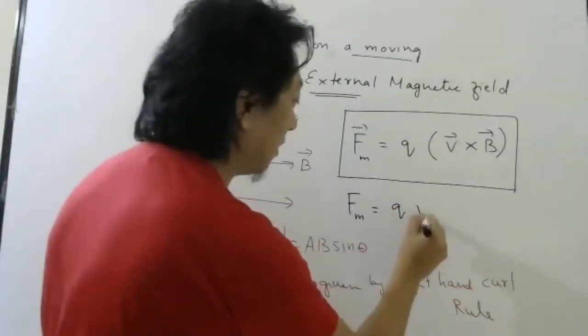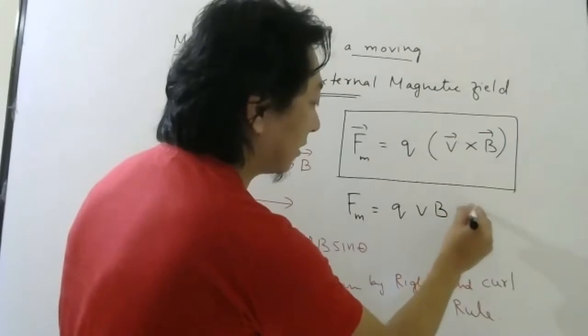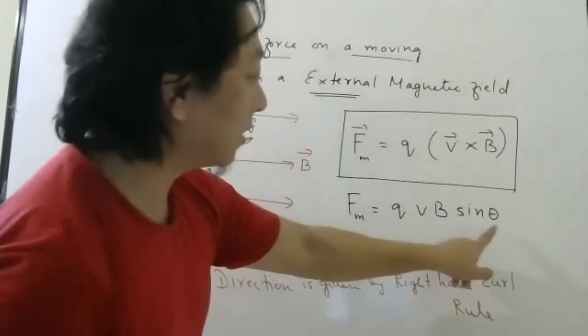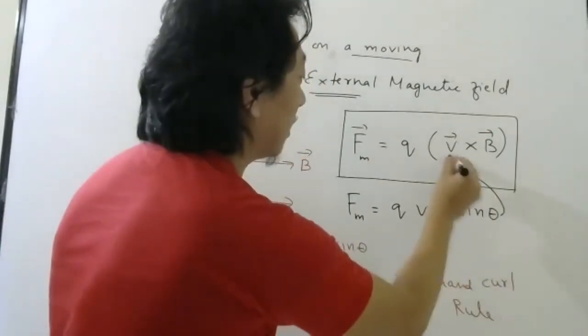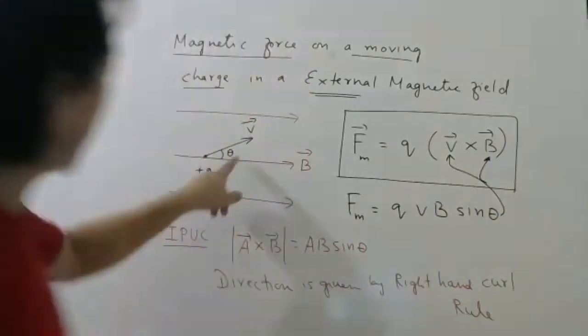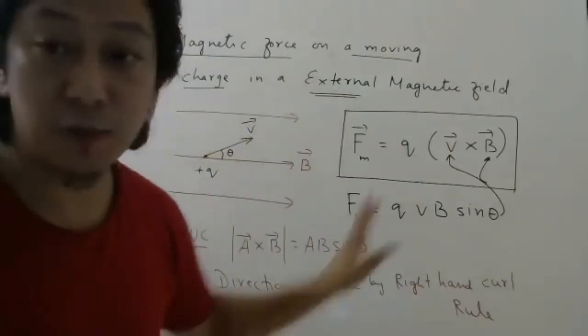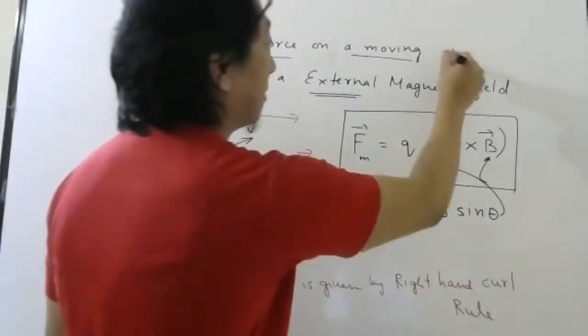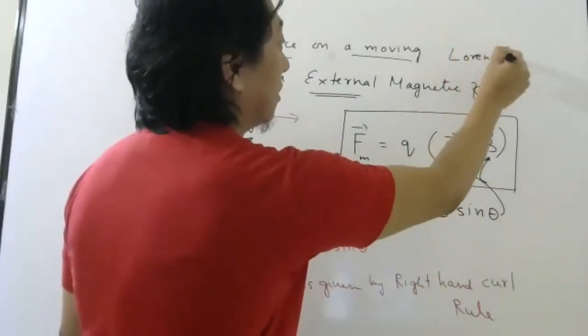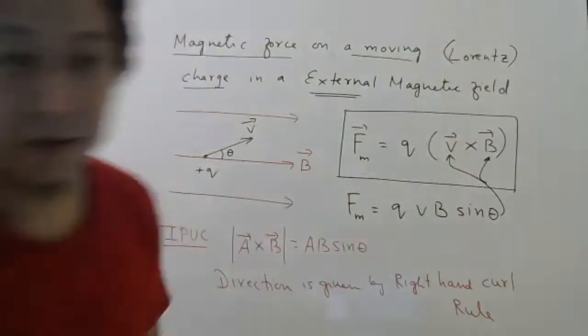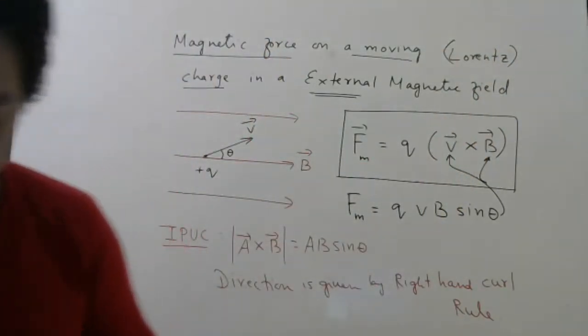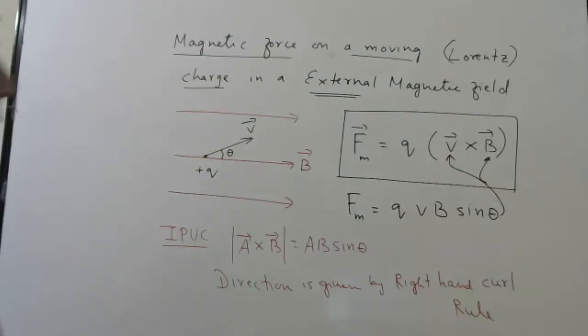So it will become Q v B sine theta. And what is theta? The angle between the velocity vector and the magnetic field vector. Right? Now write down the formula. This was discovered by somebody called Lorentz.